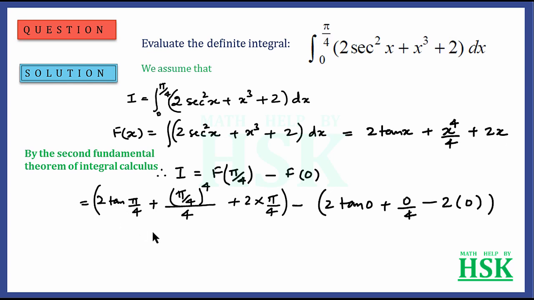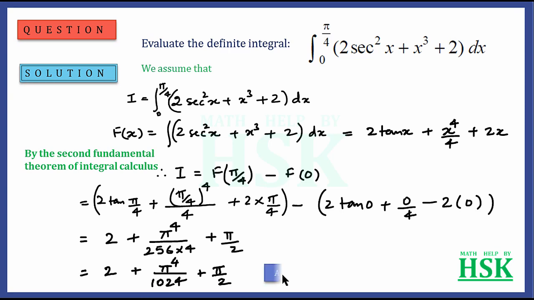And this would give me 2 plus pi to the power of 4 upon 256 into 4, plus pi by 2. Further, we can write instead of 256 into 4, 1024, to obtain the final answer.